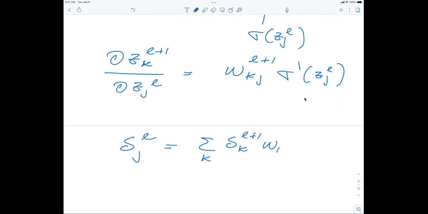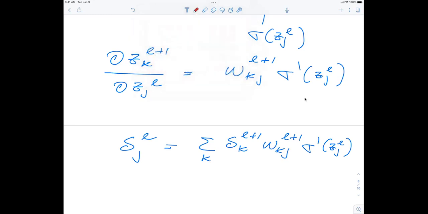We have the weights from the layer L plus 1, which we have calculated. And then we have the derivative of the activation function, which we can calculate. So these quantities are now going to go into the definition of the gradients.